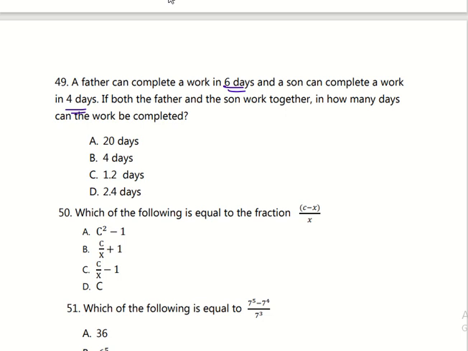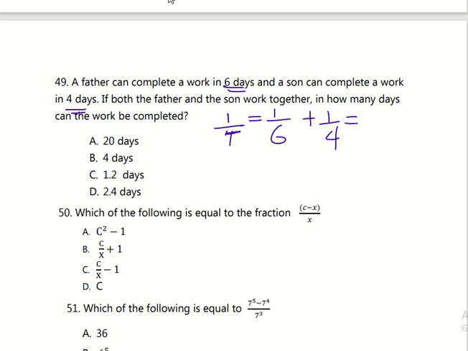If the number of workers is more, the number of days it takes will be less. So we have to apply inverse proportionality. That means 1 over the total days will be the same as 1 over the days for the father plus 1 over the days for the son.